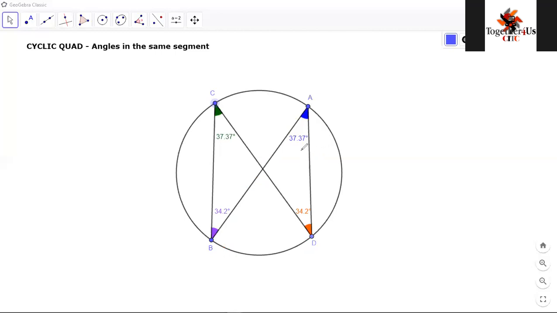And guess what? Again, I just drew these angles and measured them. It happens that these angles are equal. Check, A is 37.37, C is also 37.37. Of course, the units are degrees. So you can see they are equal.